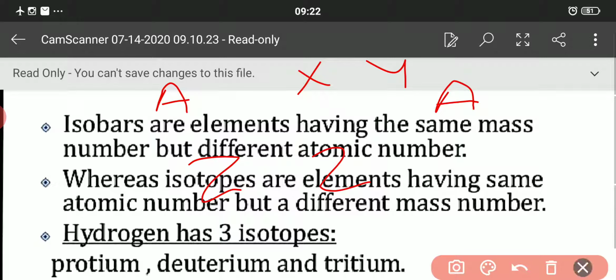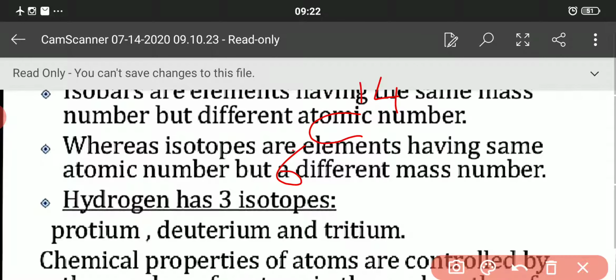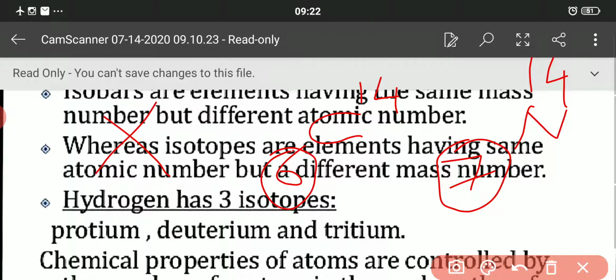For example, carbon C-14, with atomic number 6, and nitrogen N-14, with atomic number 7. Here the formula is written as X with Z below and A above. X is the symbol of that atom, Z is the atomic number, while A is the mass number.